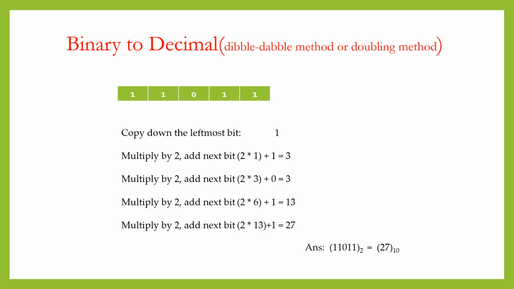Multiply by 2 again, that means 6 into 2 plus 1, the next bit, is equal to 13. 13 into 2 plus 1 is equal to 27. So the final answer is 27. This is the decimal number. Since we are doubling each time, that means multiplying by 2, this method is known as doubling.